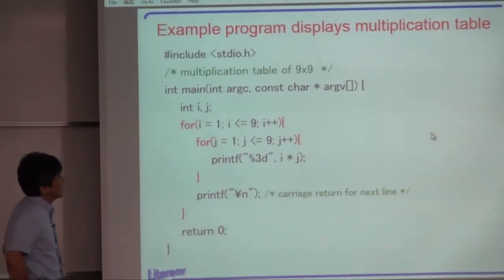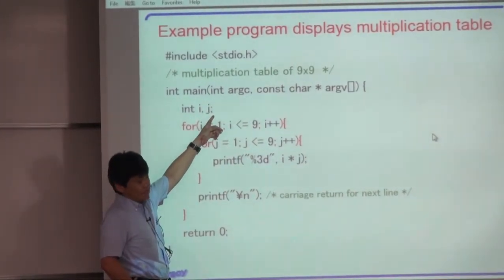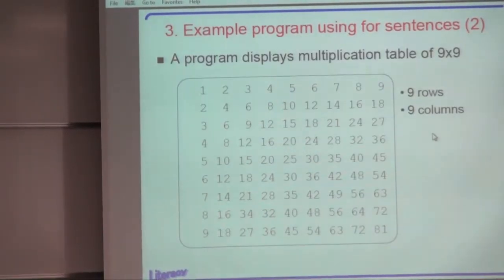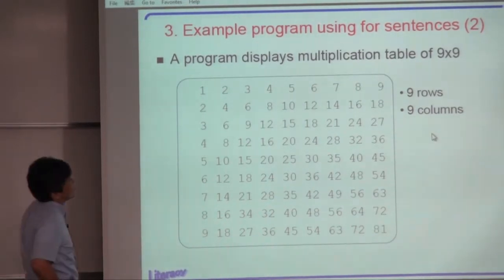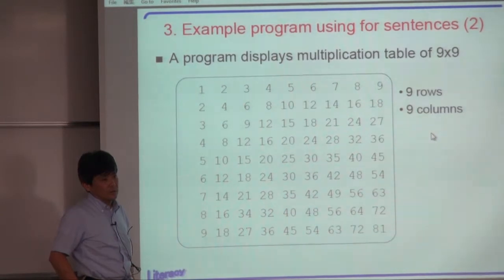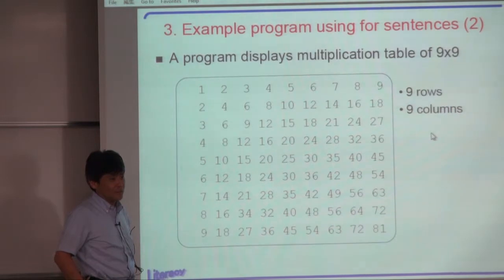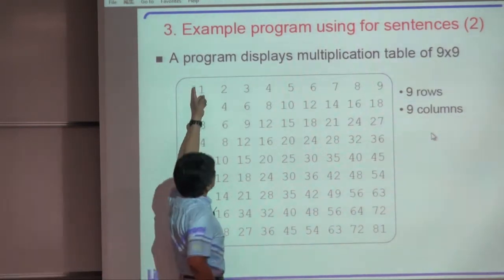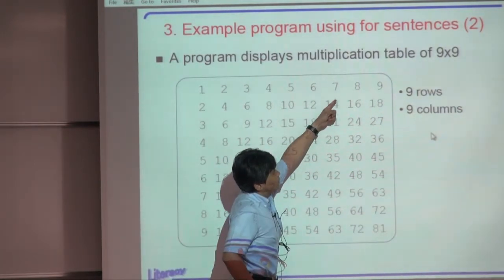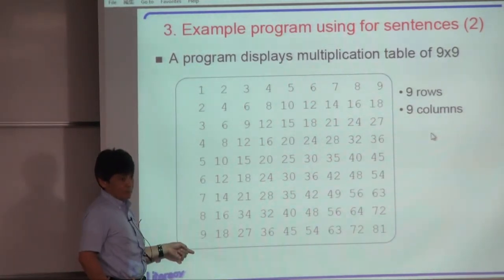So in this case also 2 integer variables are defined, i and j. i and j are both treated as loop counters for the 2 for sentences. So i corresponds to this row value, and j corresponds to this column value.